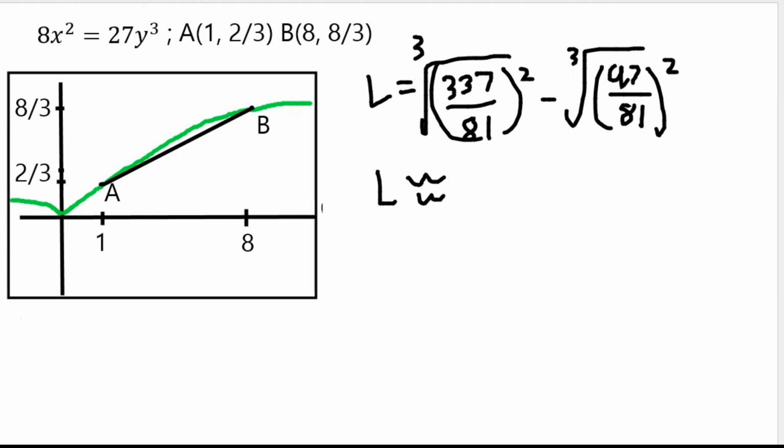We just replace the x values with the new ones and then do some integration. So we arrive at this answer, which is 3/10 times the cube root of 337 over 81 raised to the second power minus the cube root of 97 over 81 raised to the second power.